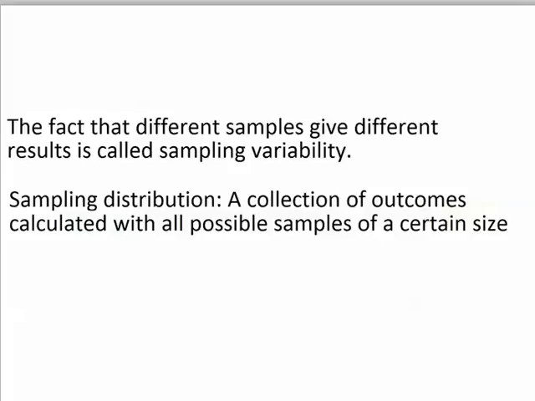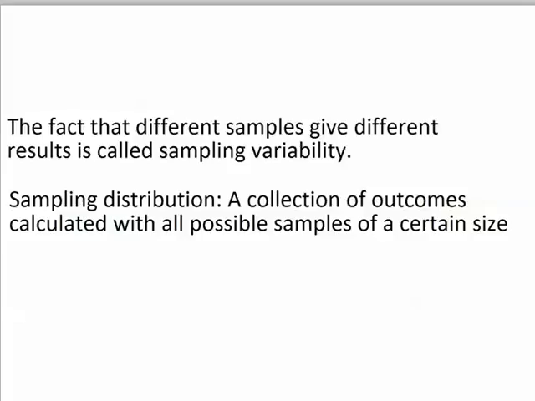Basically, whenever a value is calculated with data from a random sample, the sampling distribution is just a collection of numbers that includes the value of the actual sample, along with the value of every other possible sample that might have been selected. At this point, you might be wondering, what if I wasn't calculating the mean of my sample? What if I was calculating some other value like the median of my sample or the standard deviation of my sample?